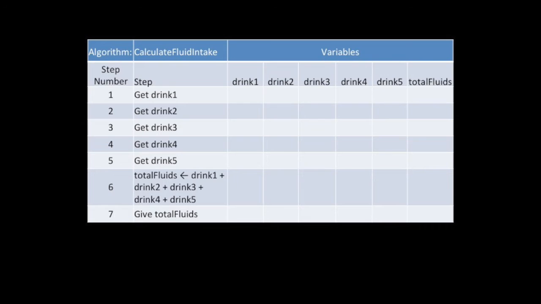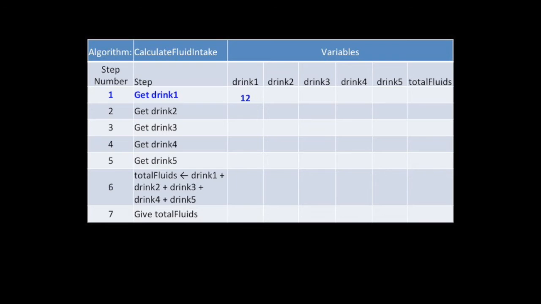So let's try tracing an algorithm, and as an example, we'll use my calculate fluid intake example. So here's the title of the algorithm, which is calculate fluid intake. There are columns for the step number, the step, which is the instruction, and then I've listed all the variables across on the right.